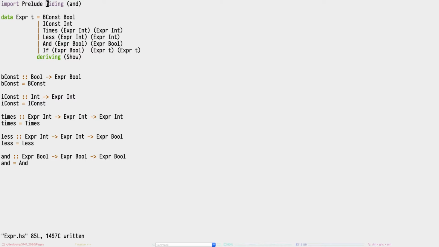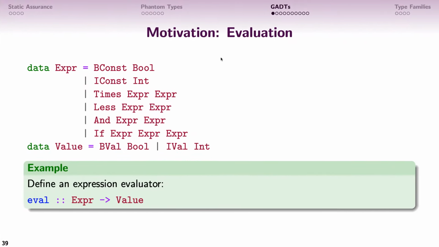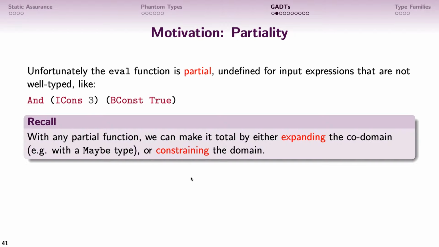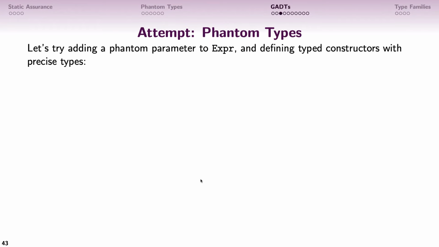But there is a slight infelicity here. So I'll go back to the slides. I think these slides are just saying what we said before. Yeah. So if I take And of an integer and a boolean, that's not well typed, but it will accept it anyway. So we fixed that by either expanding the codomain, like we did with the Maybe monad, or constraining it by restricting the type using phantom types, right?